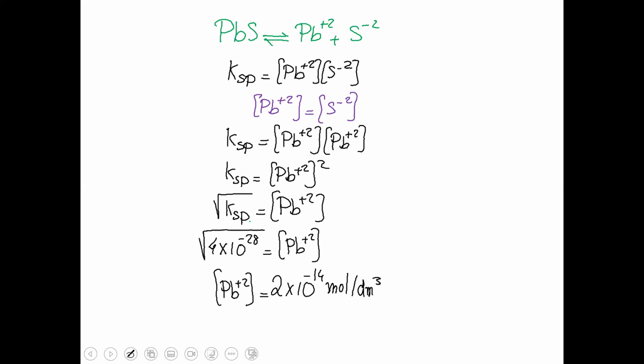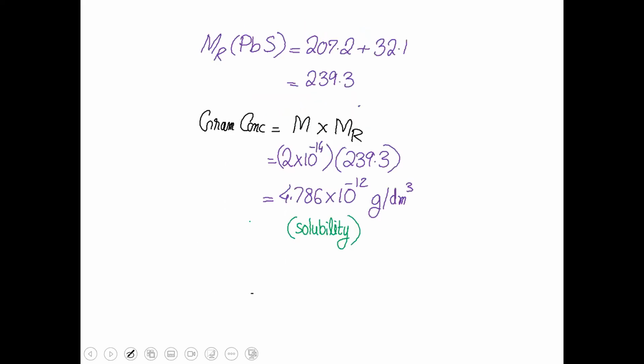Okay, I got it. Now you can convert it into solubility by this rule. You have found the concentration. Concentration is a measure of solubility. And why are you converting it into gram?